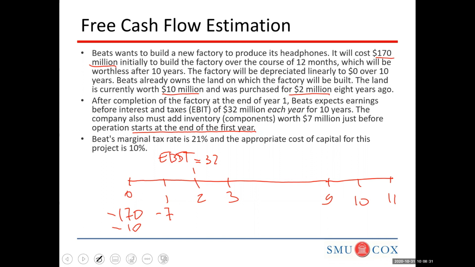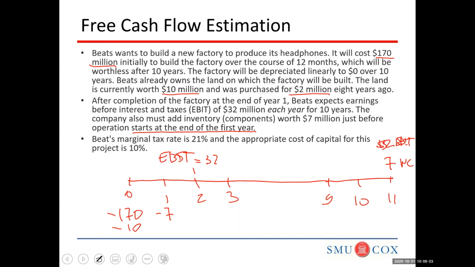And then in year 11, we'll have what's called release of working capital. So we'll have positive 7 for working capital. And then we'll get the last 32 EBIT. So that's the rough timeline. I haven't calculated the free cash flow yet. We'll have to do that together, but this is how this problem looks on a timeline.